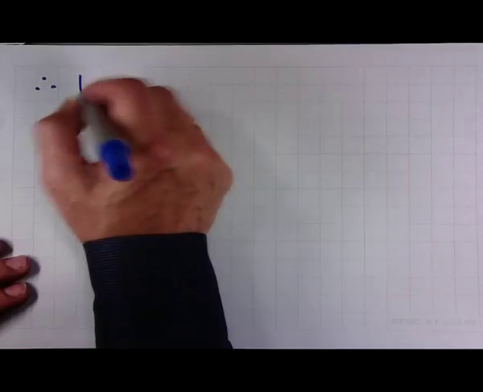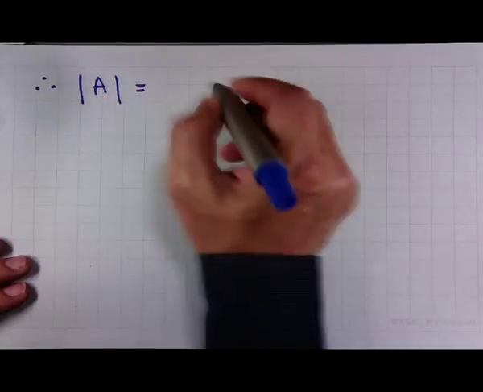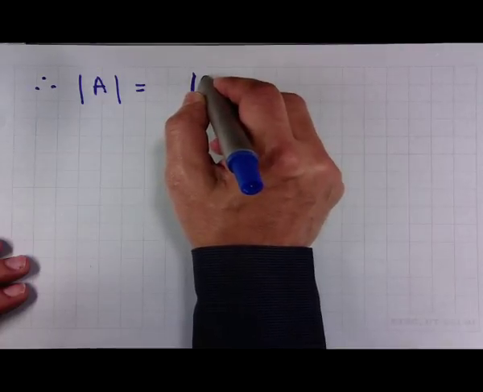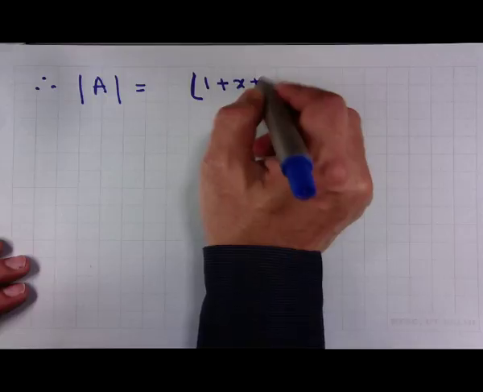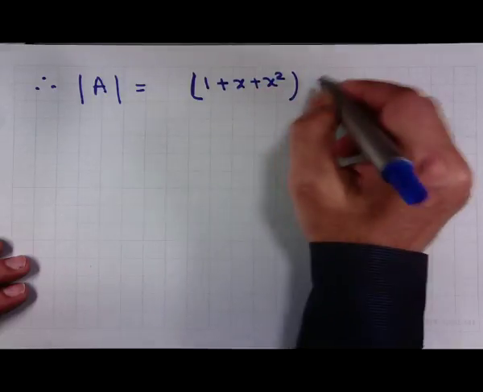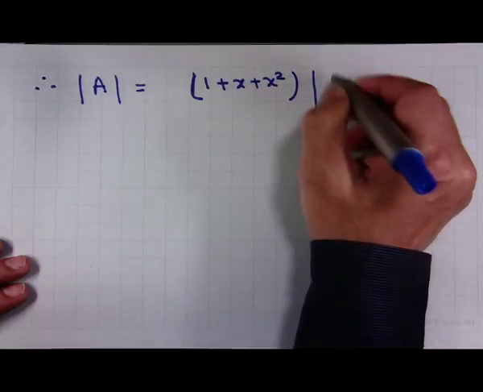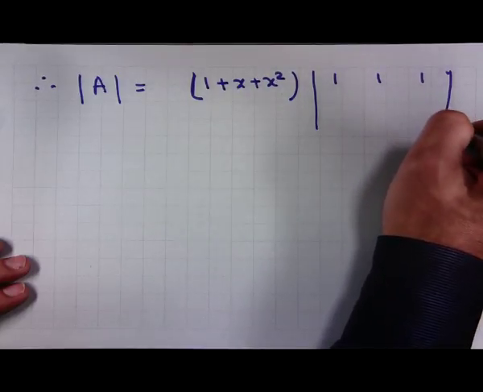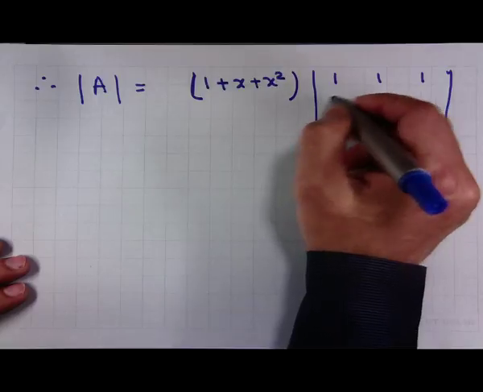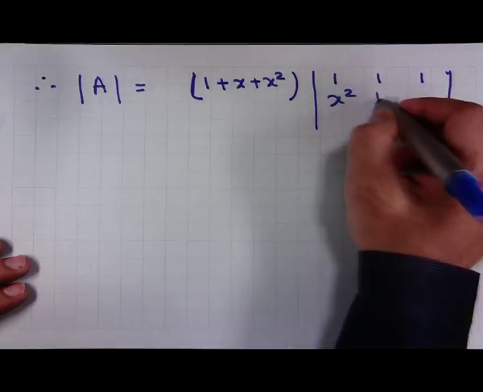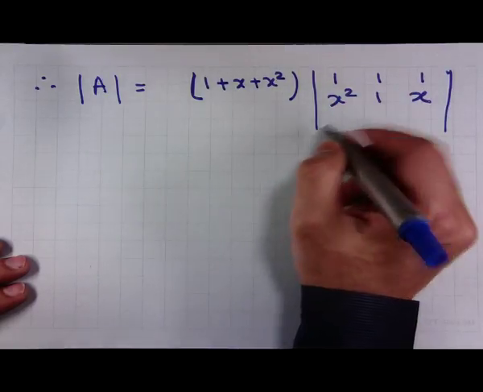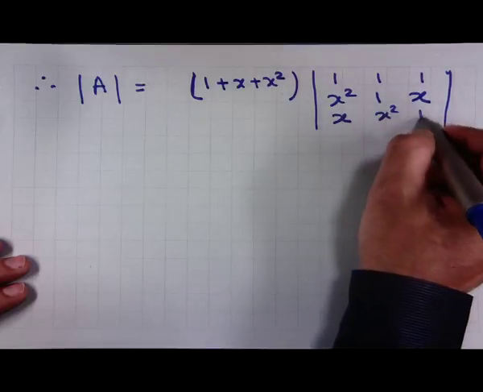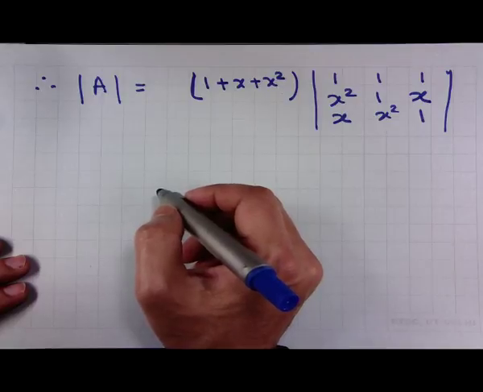Therefore, the determinant of A is equal to 1 plus x square into the determinant of the matrix with rows 1, 1, 1; x, 1, x square; x square, 1, x.